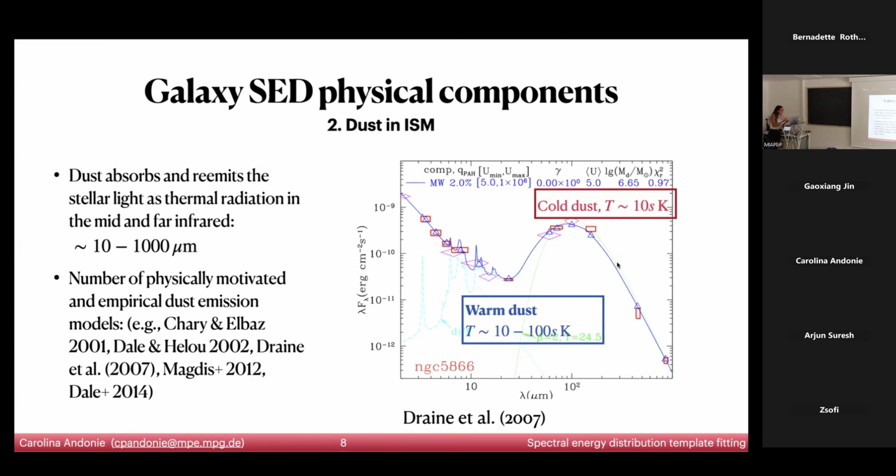It is basically two components. We have the very cold dust component, which is in the far infrared, that mostly Herschel tracks, and more or less in the mid-infrared, we have the warm dust. And here it is problematic because we know that the dusty torus also emits at this wavelength. So around here is one of the key wavebands to disentangle the AGN dusty torus.